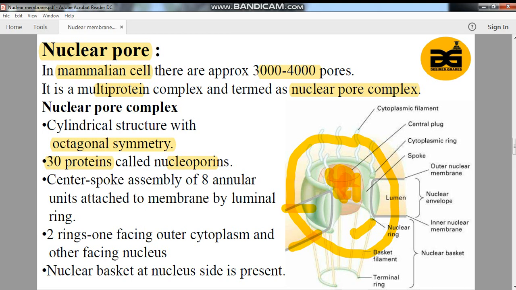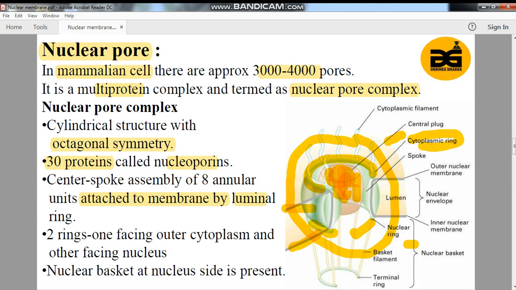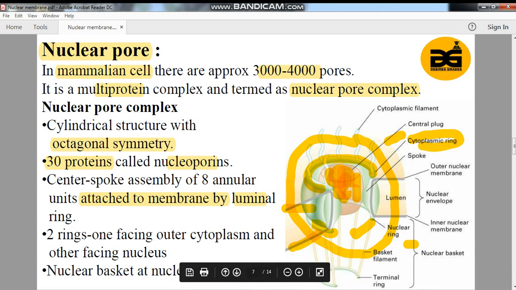This structure is attached to the membrane by the luminal rings. You can see that this is the cytoplasmic part and this is the nucleus part. The rings present towards the cytoplasmic part are called the cytoplasmic rings, and the ring present towards the nucleus part is called the nuclear ring.